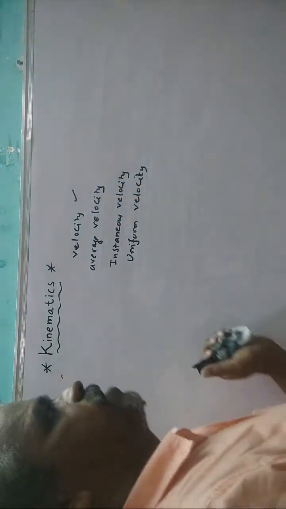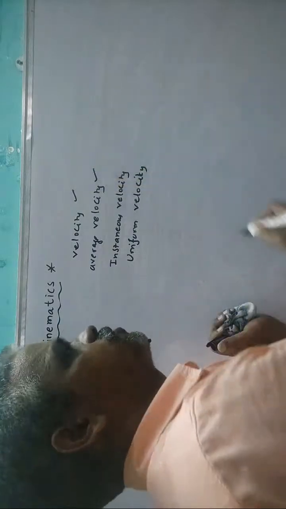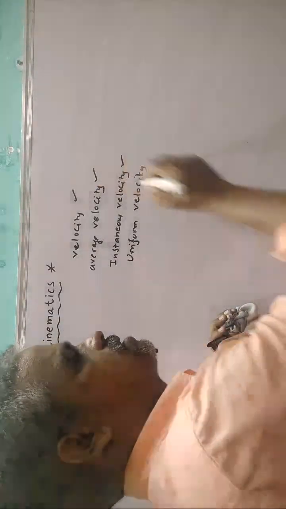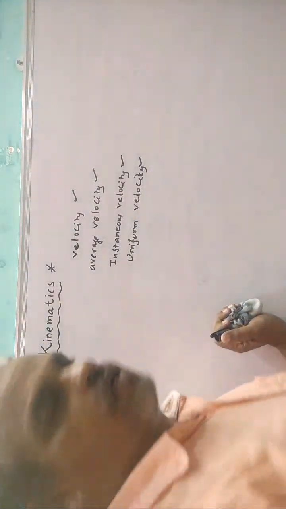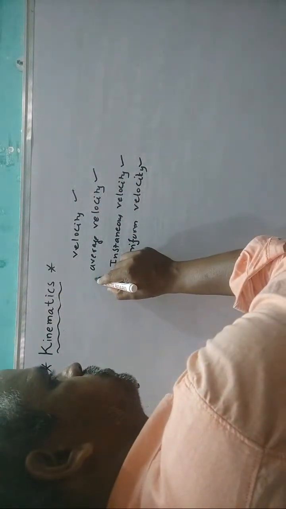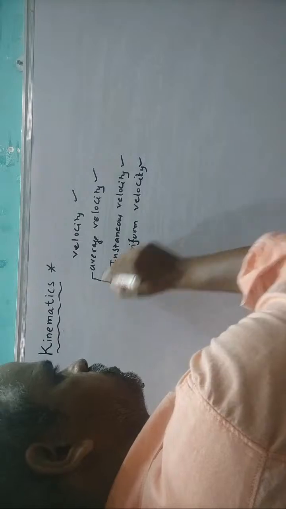Average velocity is total displacement by total time. Instantaneous velocity is the velocity at a particular instant of time. Uniform velocity means throughout the journey, the velocity should be the same. Now we are comparing these three.